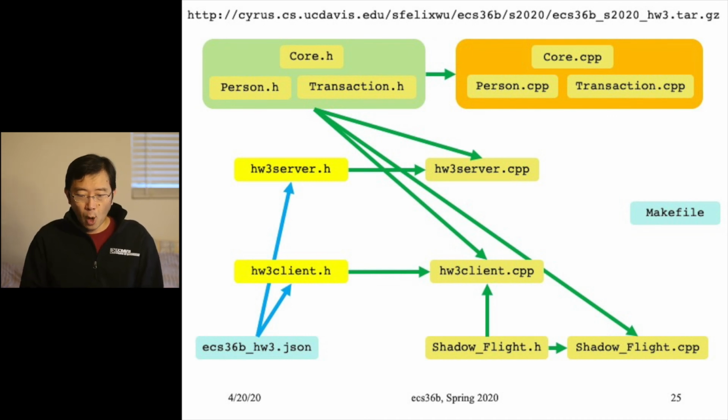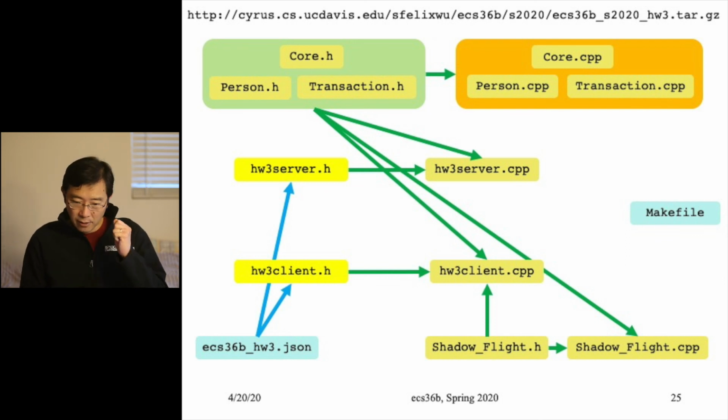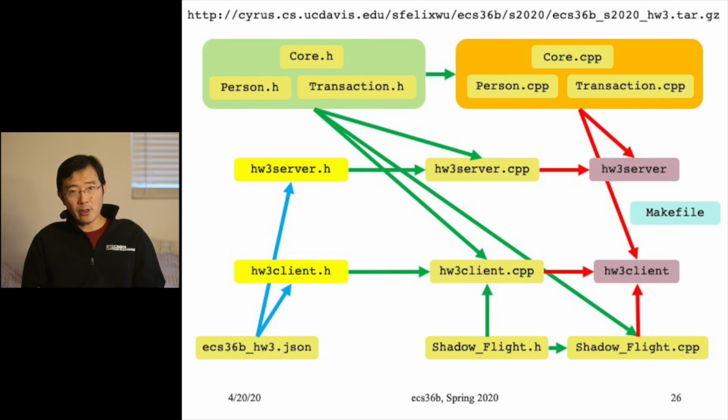Okay, so the only thing that's actually going to be different between client and server is that now the client needs to depend on shadowfly.h. And then, the second step, once you actually compile the .o files, the red link represents the linking.